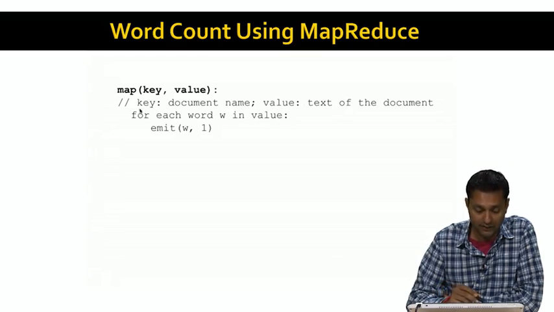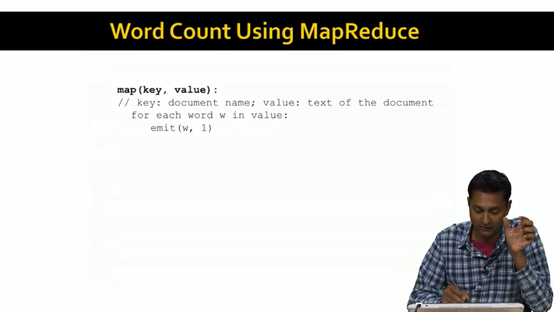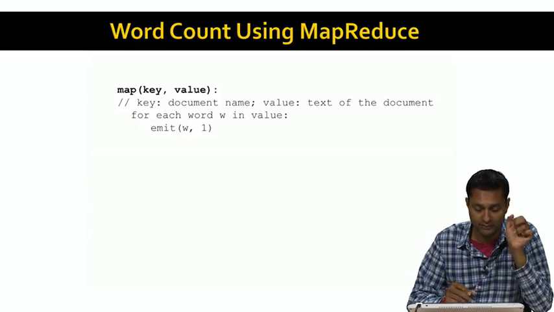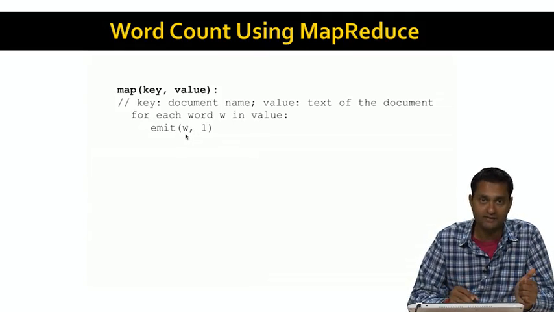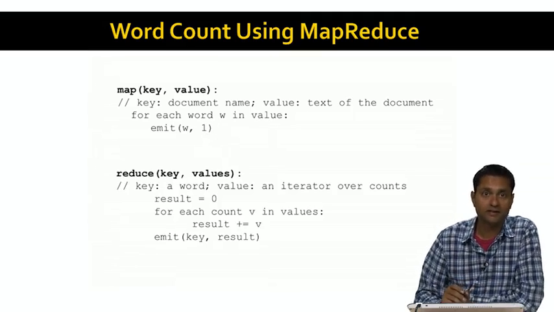The map function itself is very simple in this case. It scans the input document, and for each word in the input document, value, remember, is the input document, it emits that word and the number 1. So it's a tuple whose key is the word and whose value is the number 1. And here's the reduce function.